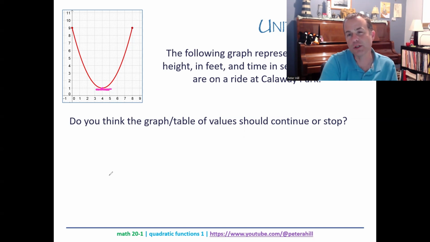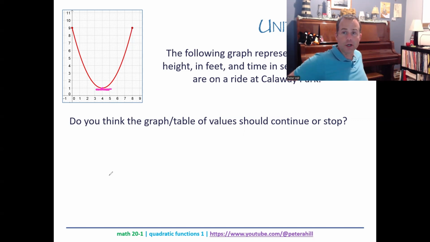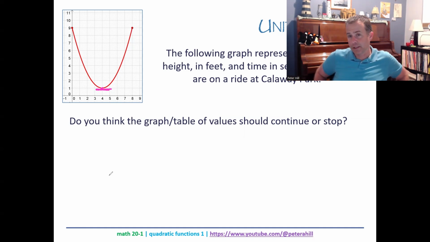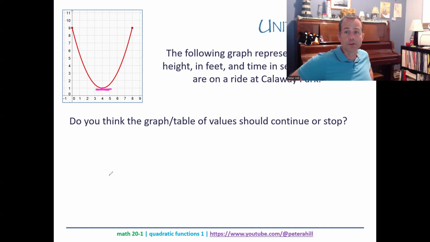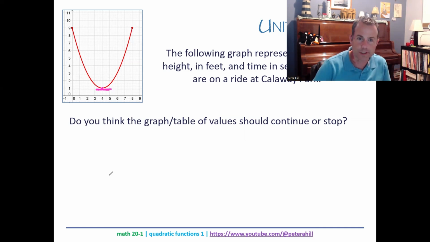So how tall is 9 feet? The ceiling of your house, if you're watching this in your house, is somewhere between 7 feet and 9 feet, just to give you a perspective of how tall this is. So maybe this is a kiddie ride at Calaway Park. Nothing too stressful or anything.